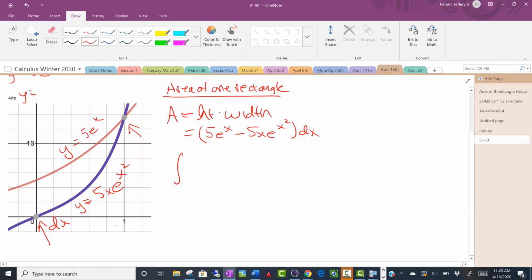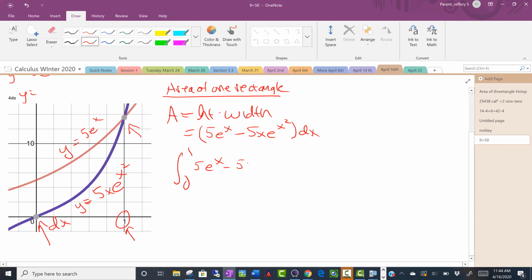At this point, I split it up and I had 5 integral e to the x from 0 to 1 minus 5 integral x e to the x squared from 0 to 1, of course dx on both. Yes, that sounds good.